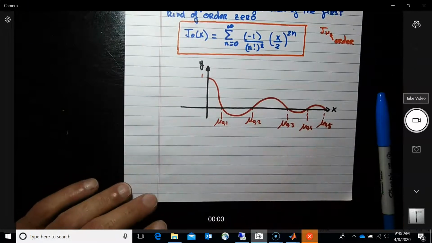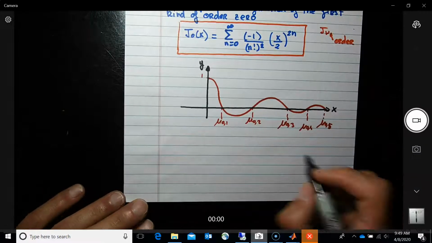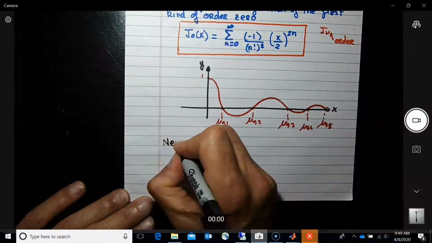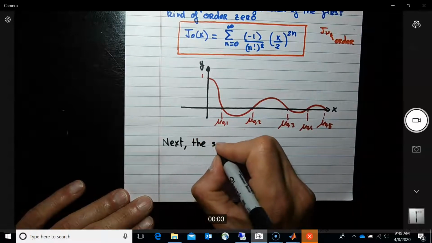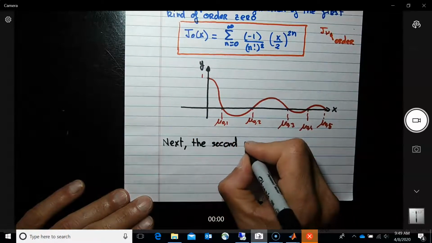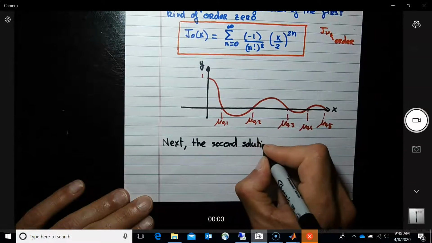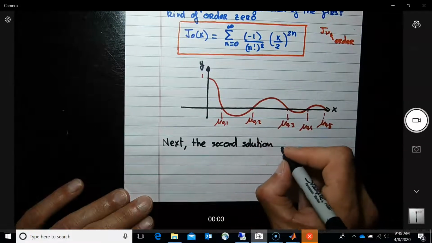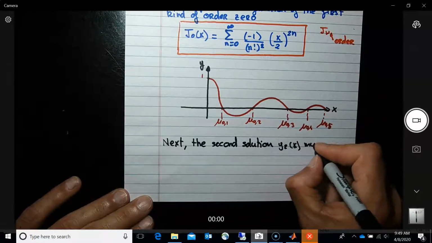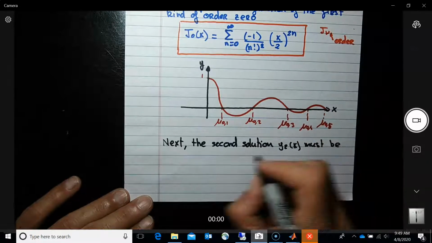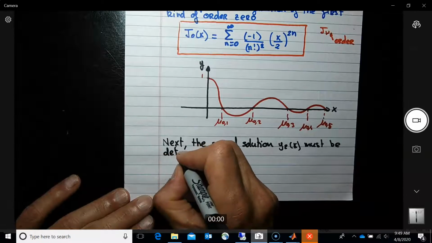So next, now we need to find the second solution. So the second solution, y2 of x, must be determined.